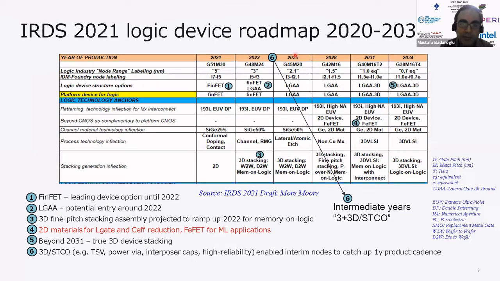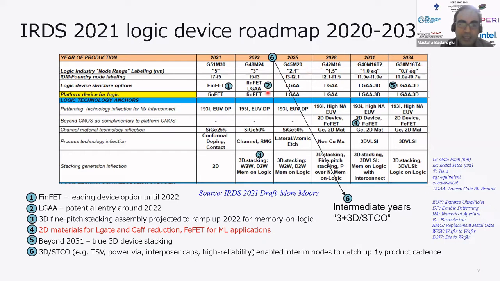The 2 nanometer node is projected for 2025, and then you have a 3-year cadence. The first parameter here is the gate pitch, and the second is the tightest metal pitch that you see in the chip. At the end of the roadmap, the metal pitch is saturating around 16 nanometer pitch.